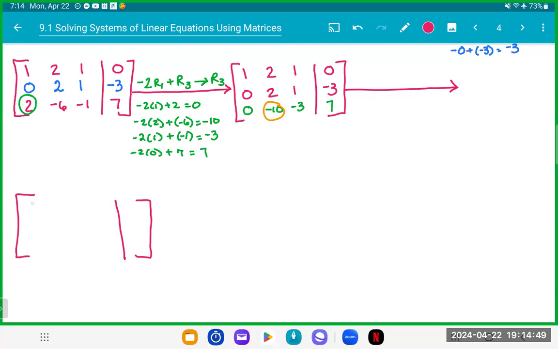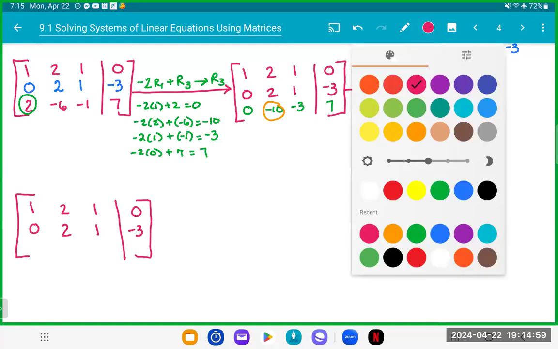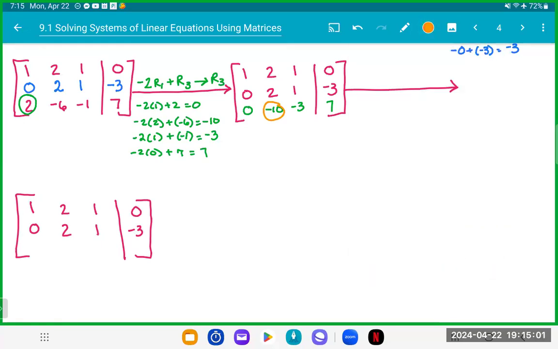We know that rows 1 and 2 are not going to change. We copy those down. Our row 3, if we want to make that a 0, how could we do that, right? So we could do 5 times row 2, add it to row 3, and replace row 3.